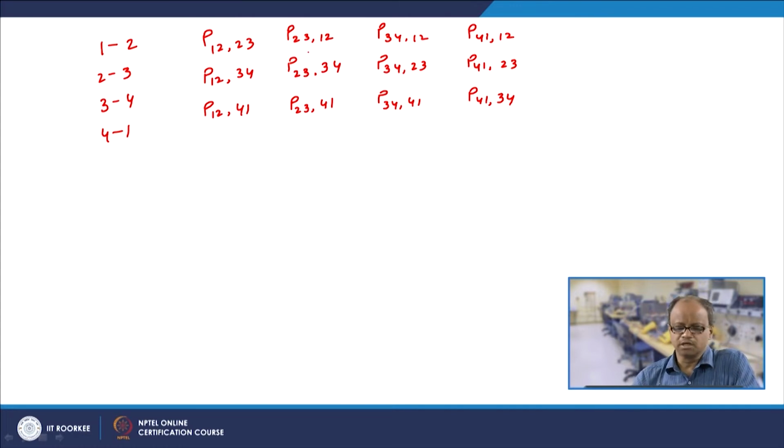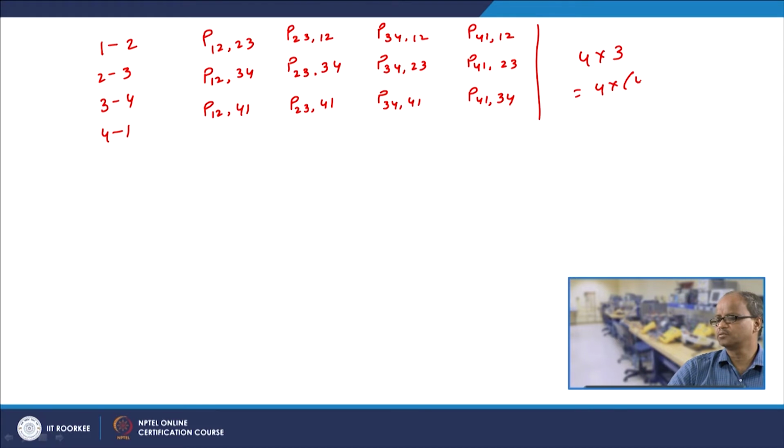So, what would be the number of combinations? Here it is 12, which is basically 4 into 3, that is 4 into 4 minus 1.